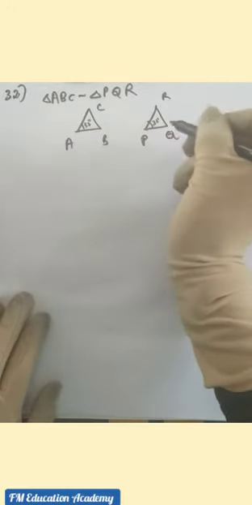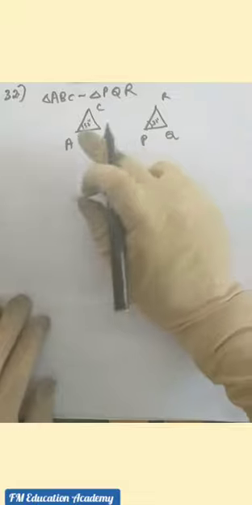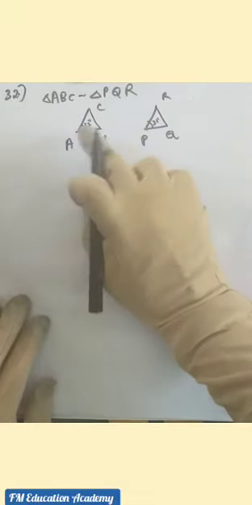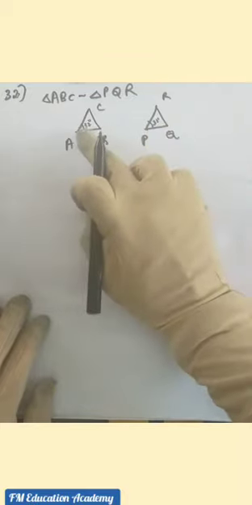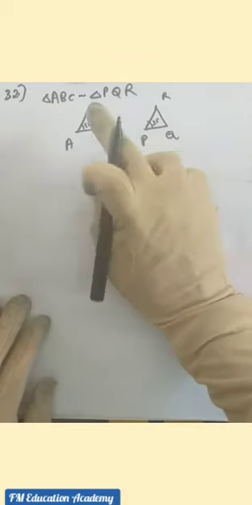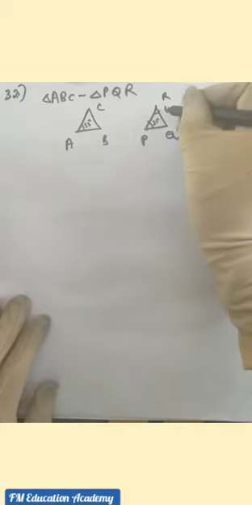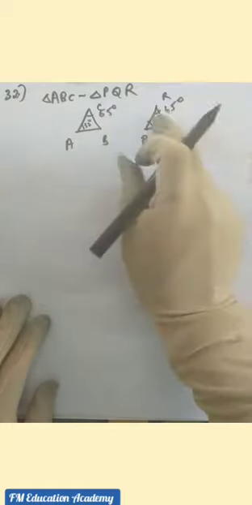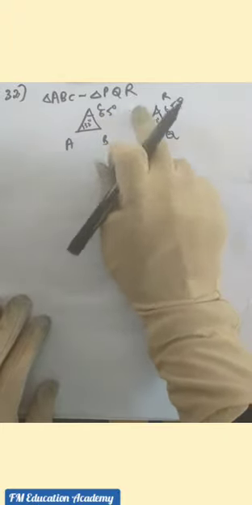Angle P is not given, but we know that whenever triangles are similar, their angles are also equal. So angle A will be equal to angle P, which is 32 degree. Similarly, angle R is given as 65 degree, so angle C will also be 65 degree, because they are similar triangles.